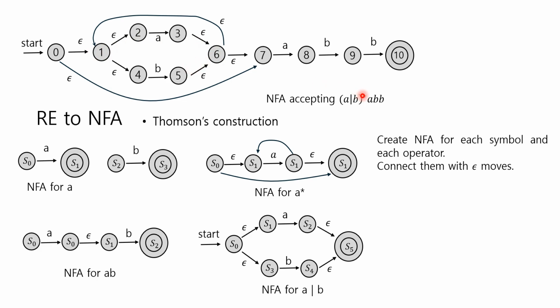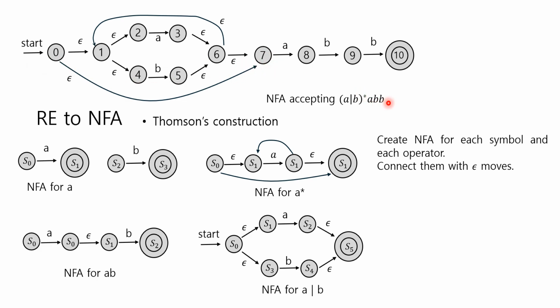And with Kleene closure you follow this rule, so you connect the edge epsilon to here, and epsilon again, with a new start state and new final state, you connect with epsilon.